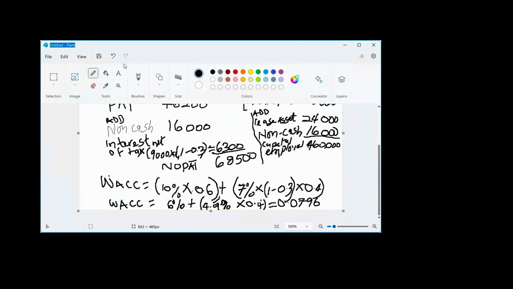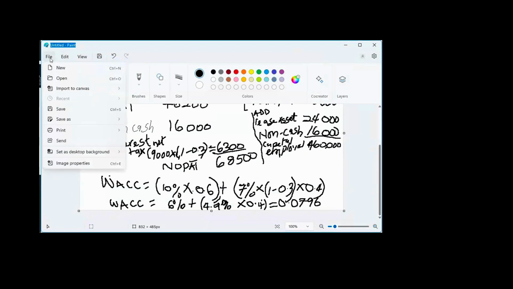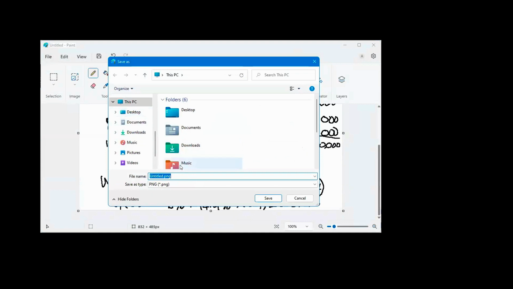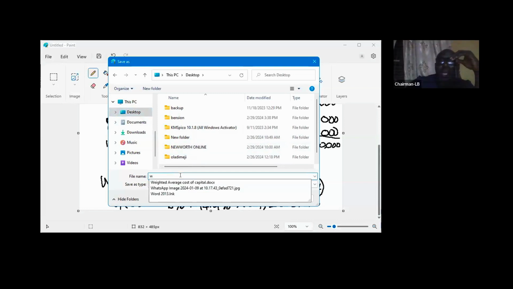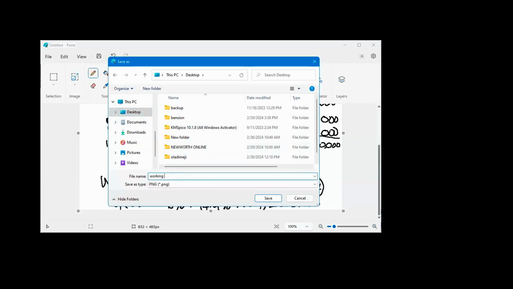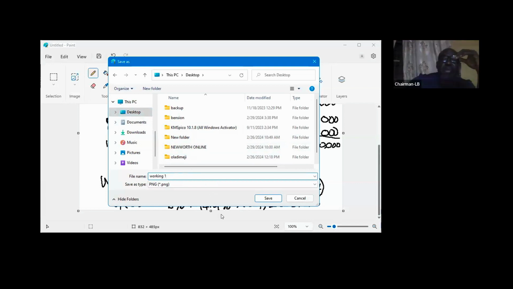We can save this working one. Let's move to another page.